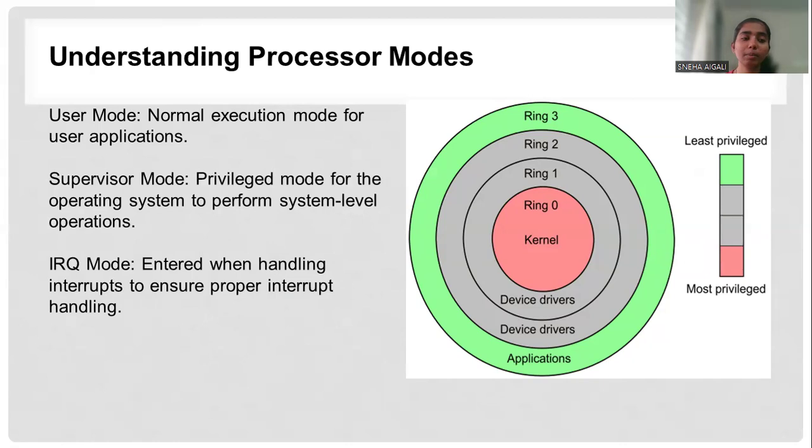Then next is interrupt request mode. It is entered when handling interrupts to ensure the proper interrupt handling. Now in the figure we have least privileged, that is marked by this green ring 3, and the most privileged is the kernel mode, which is ring 0.